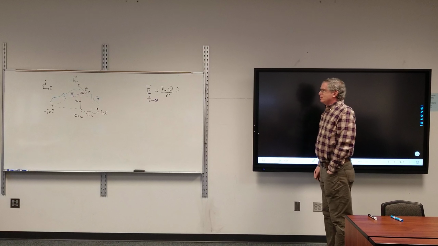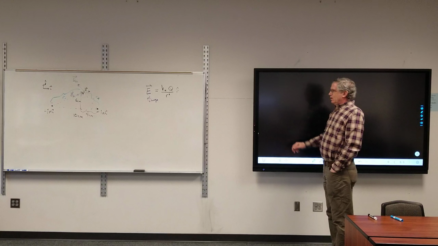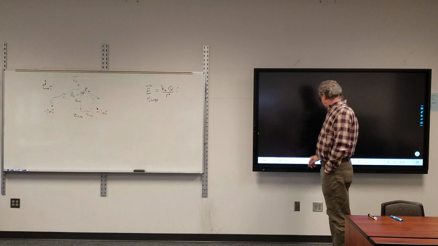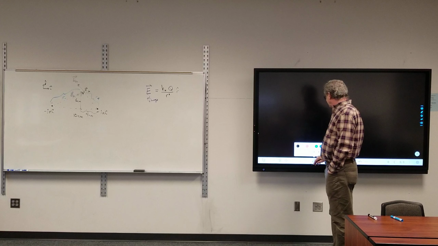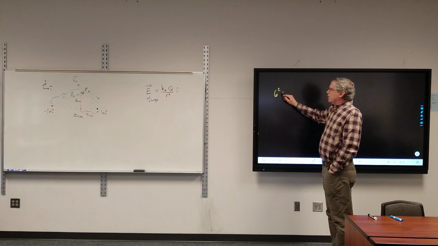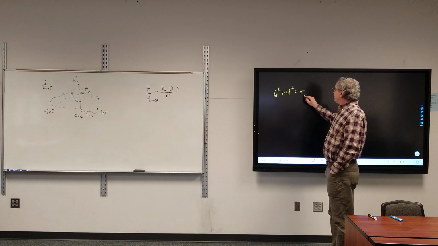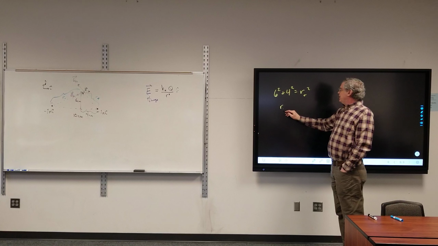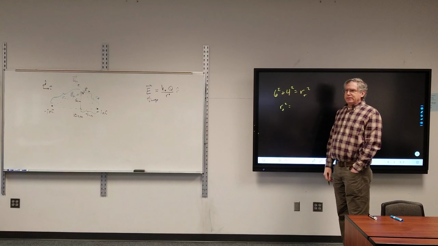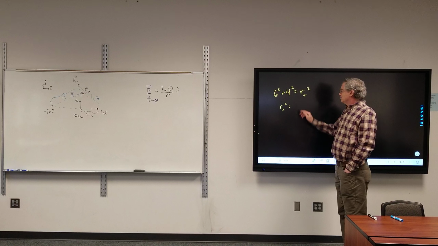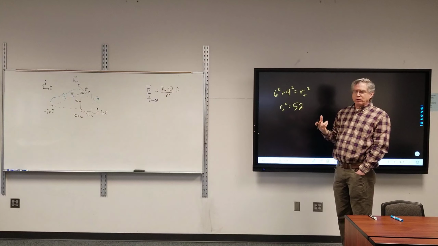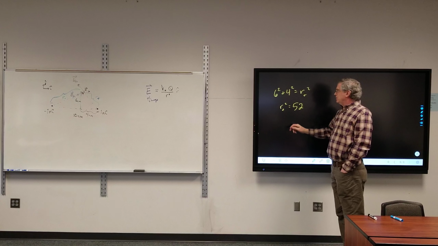For the R positive, it would just be 6 squared plus 4 squared is equal to R positive squared. And so therefore we get R positive squared to equal 52. Since it's an R squared on the bottom there, I'm just going to leave it like that for now. We will need the square root in a moment, but it's good enough for now.